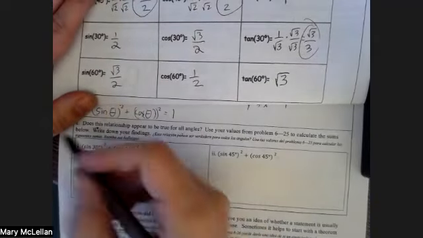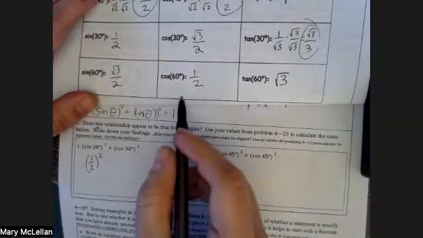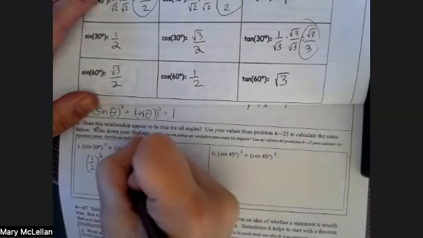Sine of 30 squared is 1 over 2 squared, plus cosine of 30 squared, root 3 over 2 squared.